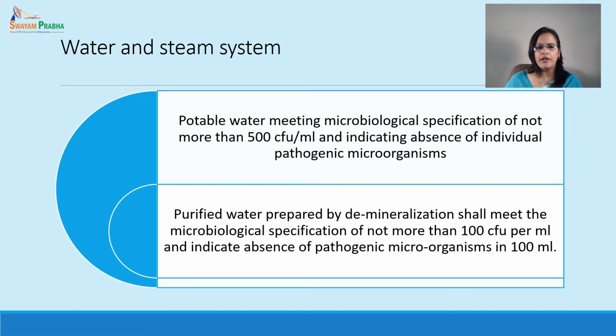Potable water should meet the microbiological specifications of not more than 500 CFU per ml, indicating the absence of individual pathogenic microorganisms like E. coli, Salmonella, Staphylococcus aureus and Pseudomonas aeruginosa per 100 ml sample, and shall be used for preparation of purified water.